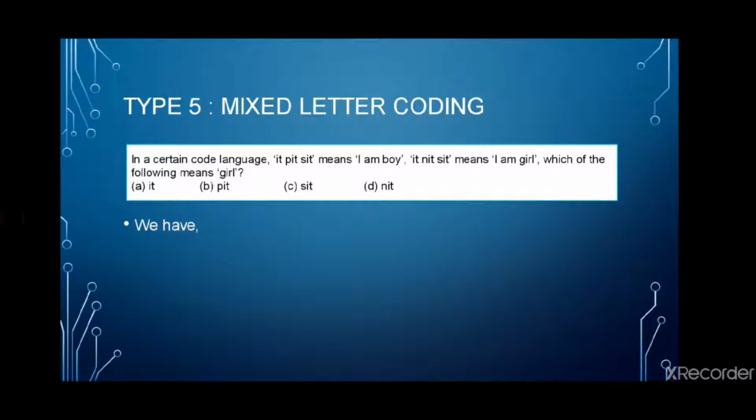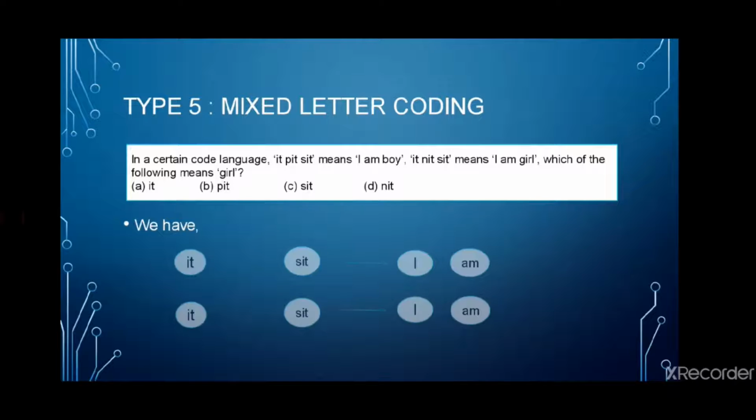In this question, the common words in the code are "it" and "sit". In the English sentences, the common words are "I" and "am". You mark them together.